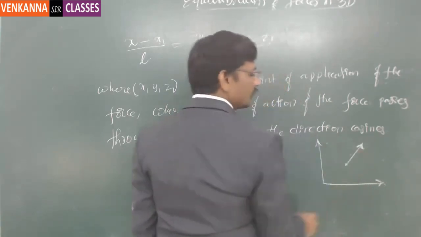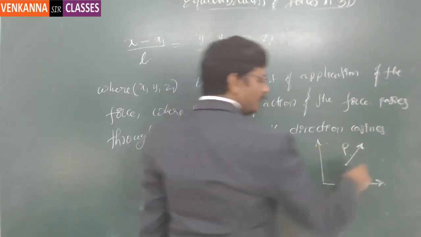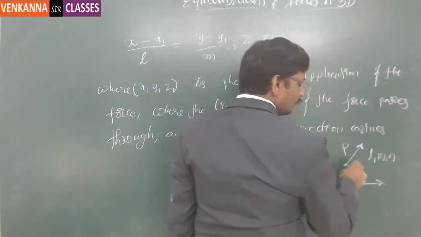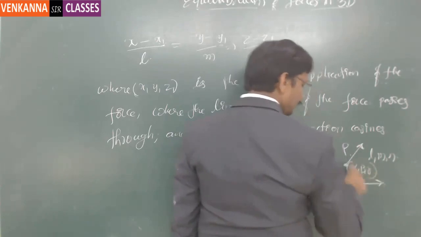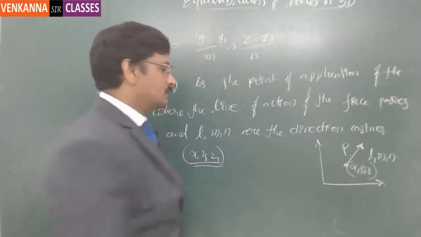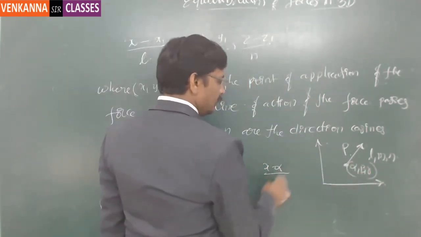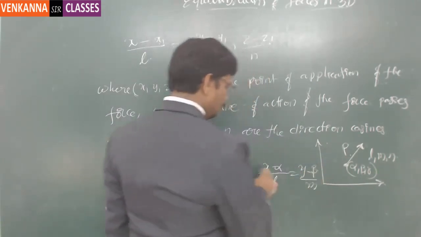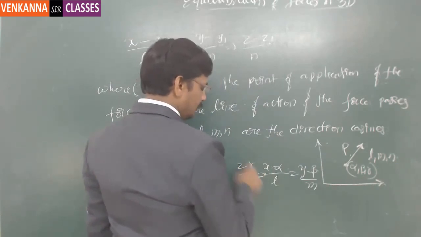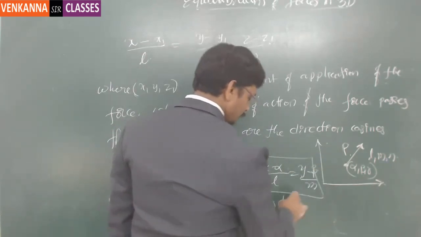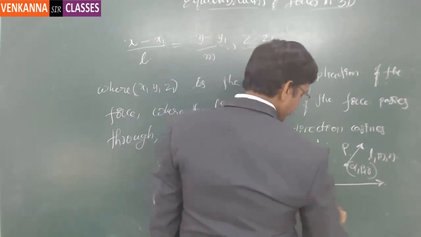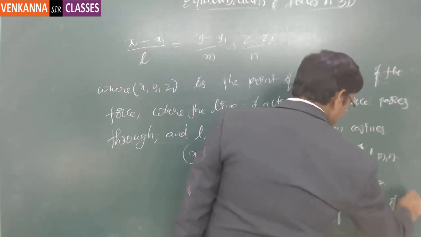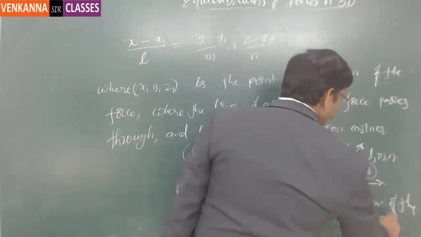So this is a force vector of magnitude P, the direction cosines are L, M, N, and the location of the application of the force is alpha, beta, gamma. Then this force can be treated as (x minus alpha) by L is equal to (y minus beta) by M is equal to (z minus gamma) by N. This is the line of action of the force.